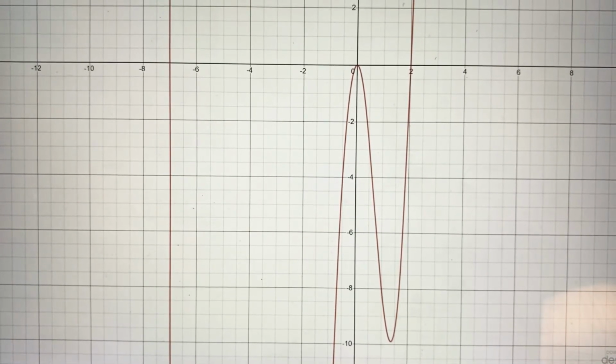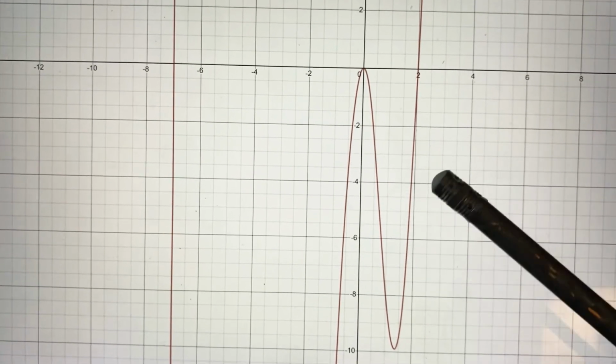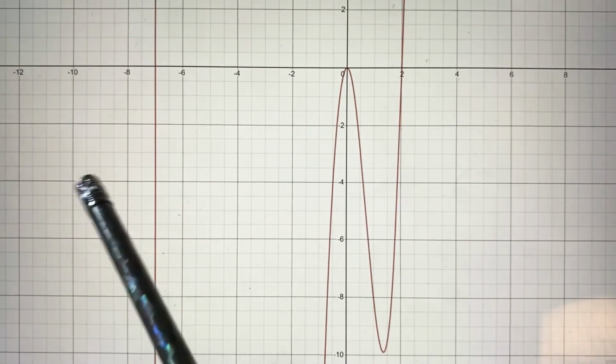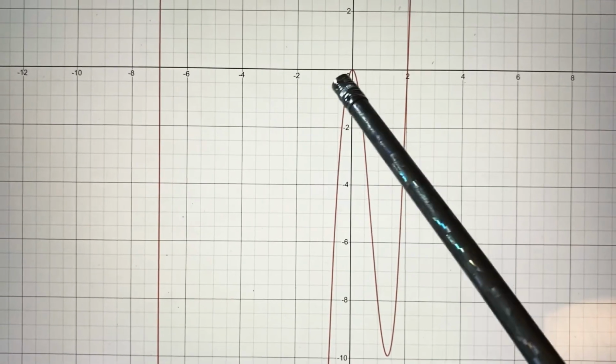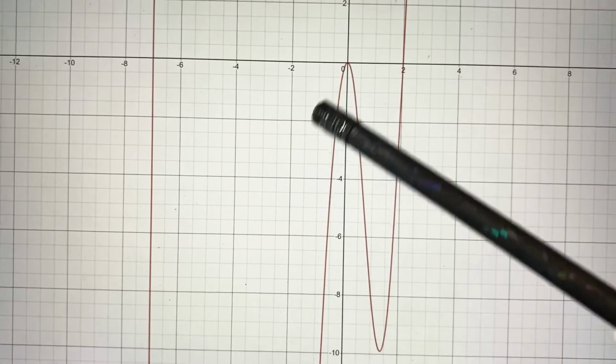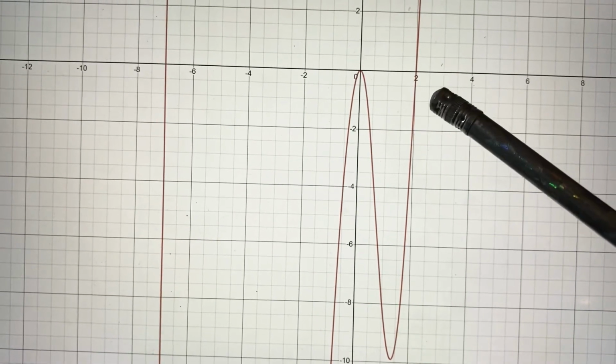So let's start with decreasing. Everything under the x-axis is decreasing. So this is on the interval negative 7 to 0, because you see it's underneath the x-axis from negative 7 to 0, and from 0 to 2.